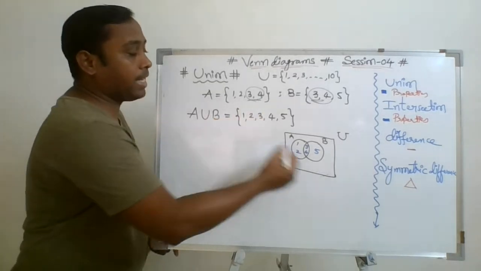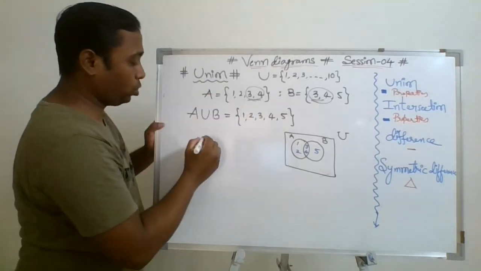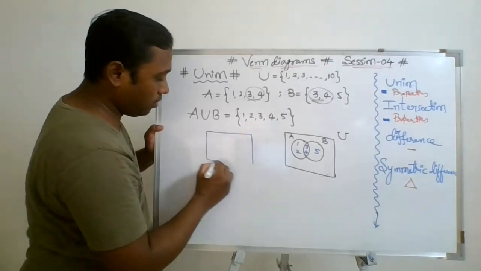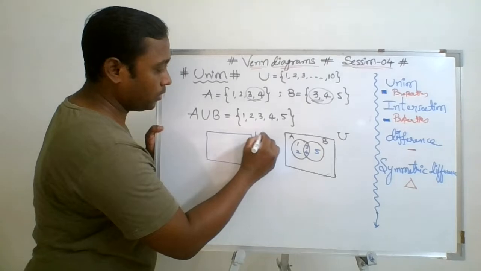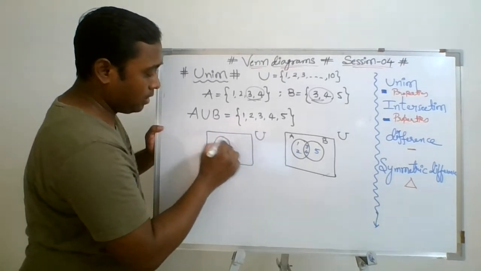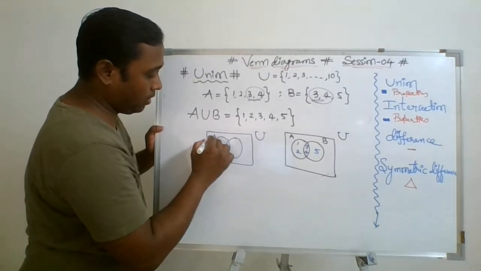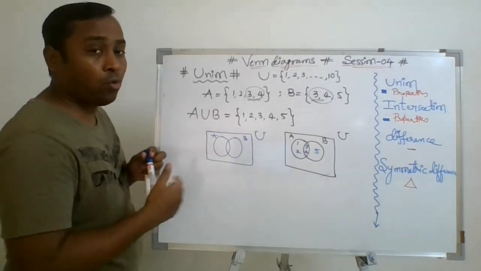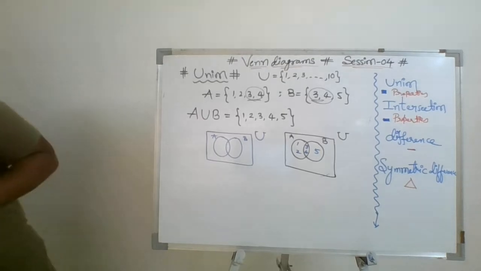Now that was the example, but if I want to show simply A union B, what can I draw here? The universal set, set A and set B. How can A union B be defined?